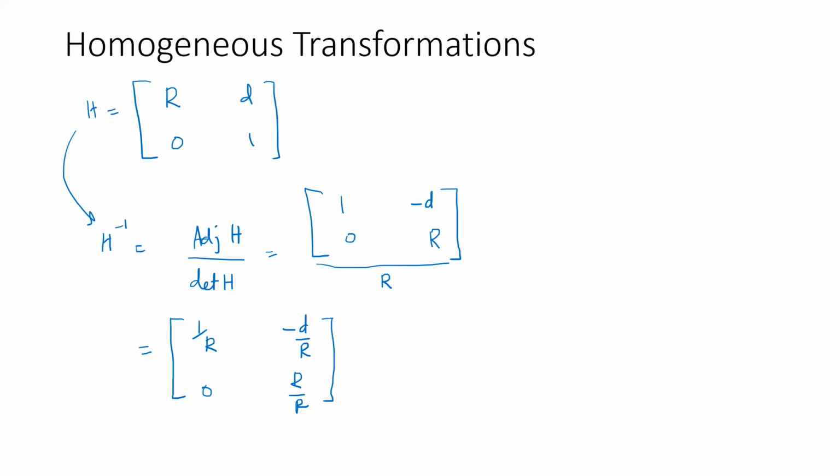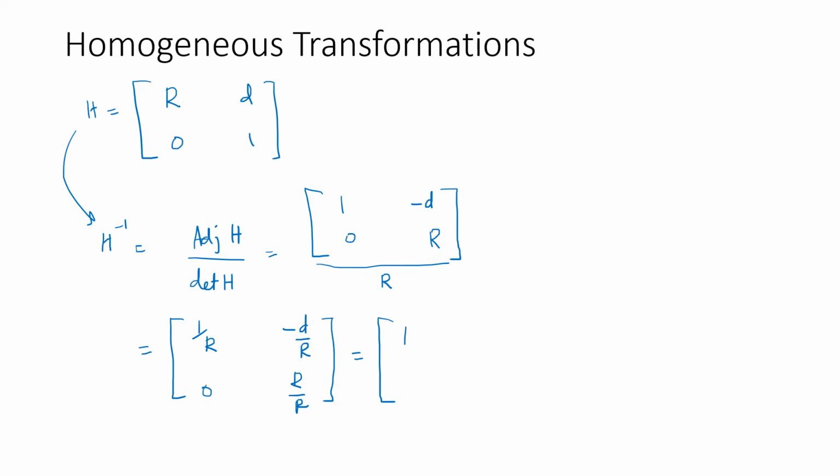Actually, R is a matrix which is in the denominator, which means that you have to take the inverse of it. But when you take the inverse of a rotation matrix, you can recall that that was very easily done by taking the transpose of the rotation matrix.